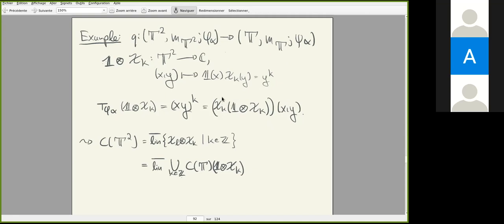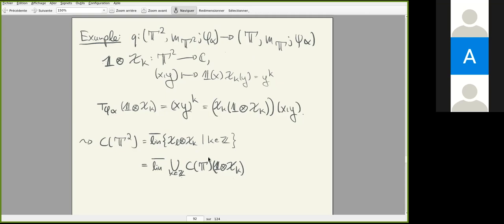Okay, but what does this tell us? Well, we know the space of continuous functions is spanned by all the characters. So characters which depend on x and characters in y. And this is certainly the same as if I take all the functions which are just a character in the second component, times k, in dependence of k.